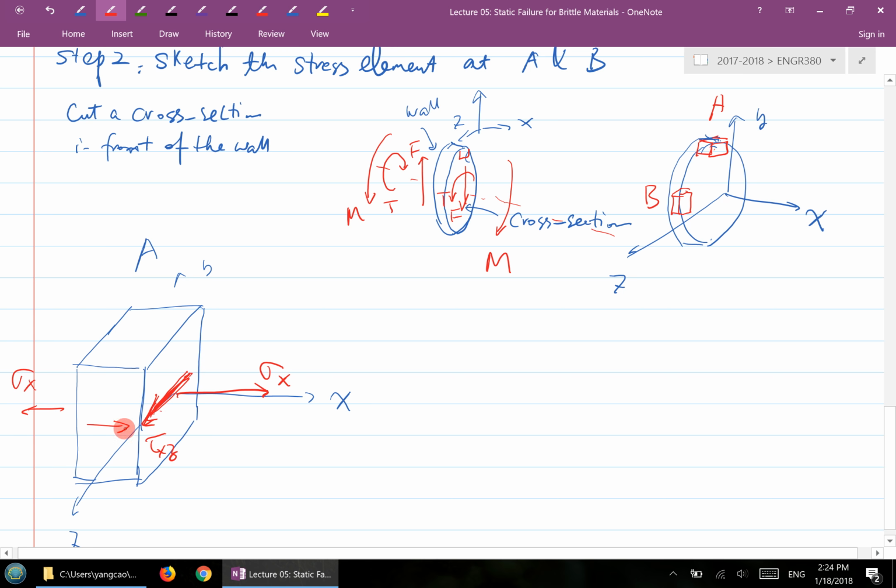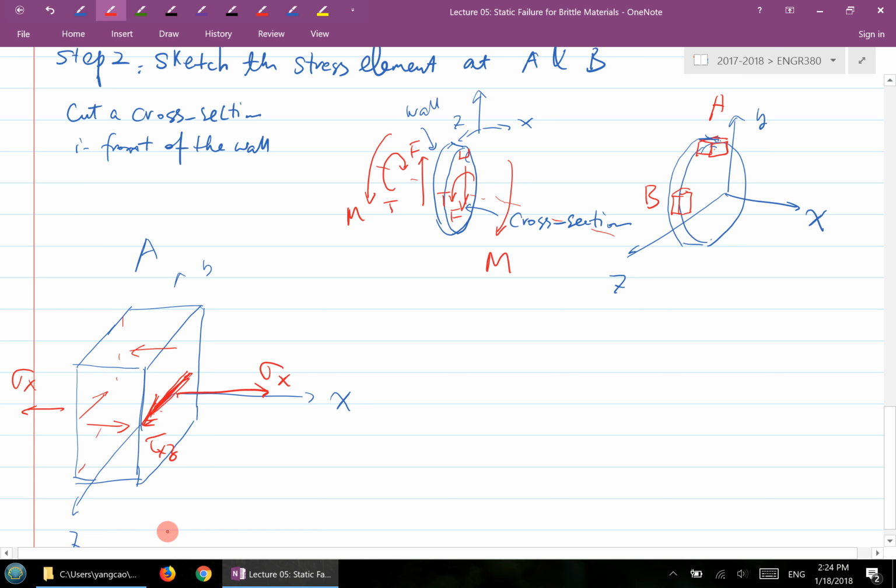So these two will balance out. And on the wall side, you should have a direction on that side. That makes sense. And then on the back side, you have a direction pointing that way. So that's the stress element, and that is the state of stress at A location. Is that clear?